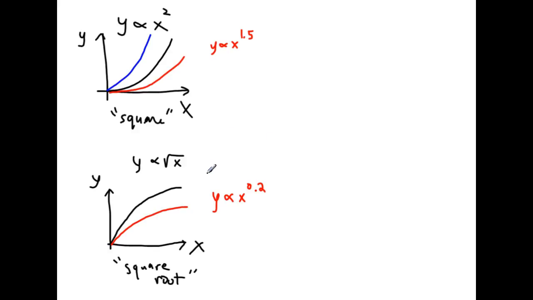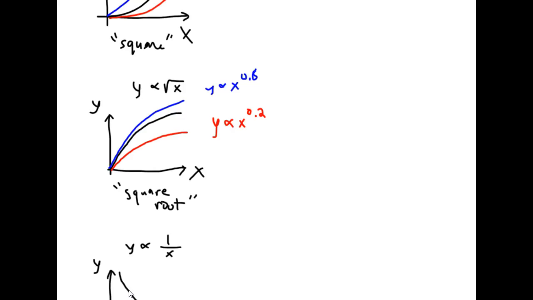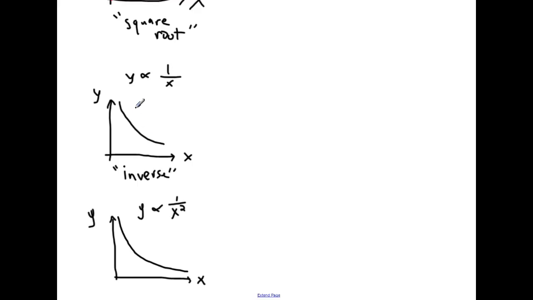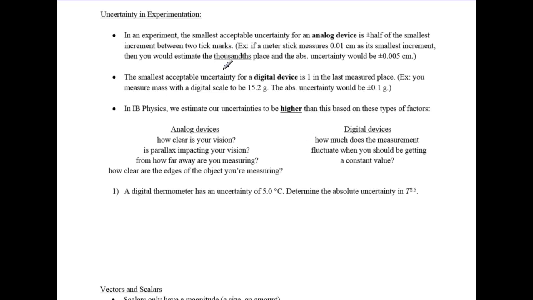And likewise, if you have y proportional to x raised to the power of not 0.5, square root is 0.5, but let's say instead it's 0.8, then it'll level off more slowly. Kind of how you have inverse and inverse square. Are the same basic shape, but the difference is in how steep, how quickly they increase or decrease. Alright, on to the next page.